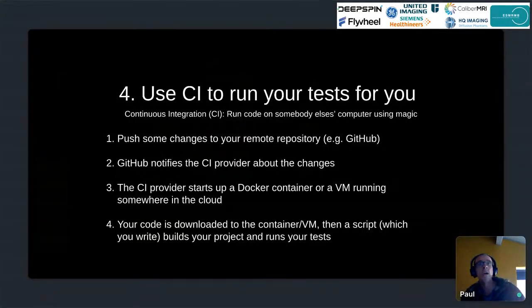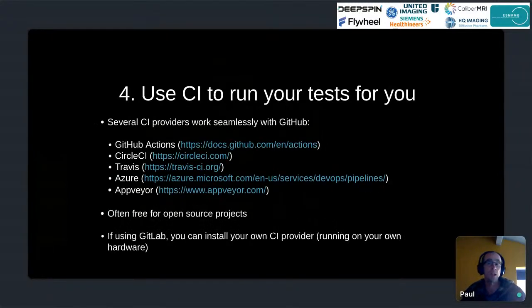I'm using the term CI provider, but these days you can actually do everything from within GitHub if you're using GitHub. GitHub can host your code, and it can also be used for continuous integration using something called GitHub Actions. There are, however, a number of other CI providers that can be integrated into GitHub, which for a range of reasons you may prefer.